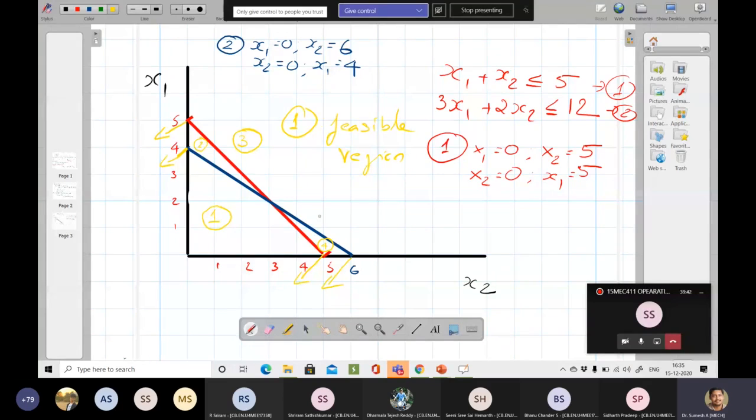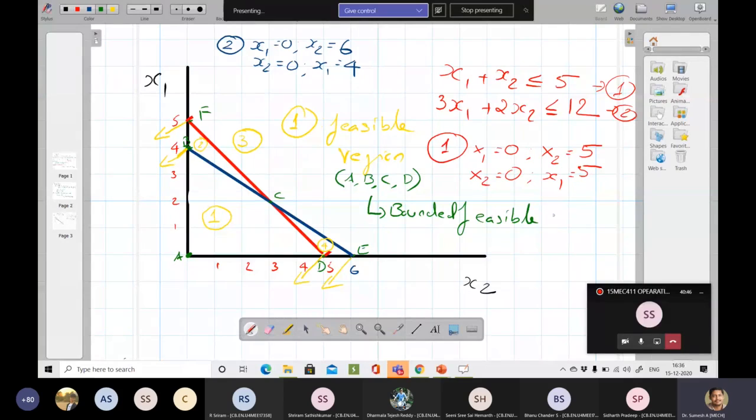This is point A, point B, point C, point D, another point E, and another point F. So the feasible region is marked with the points A, B, C and D. They are also called bounded feasible points.